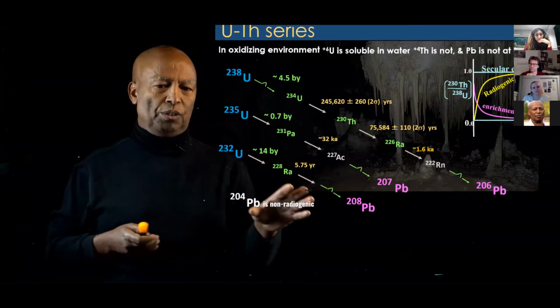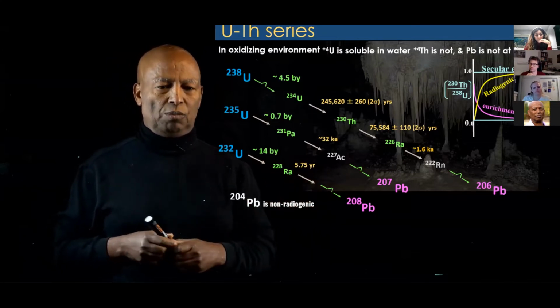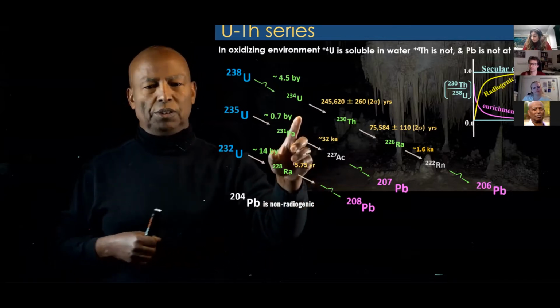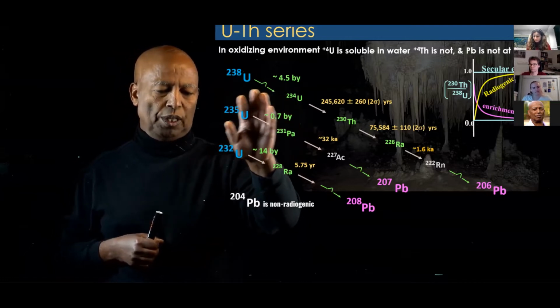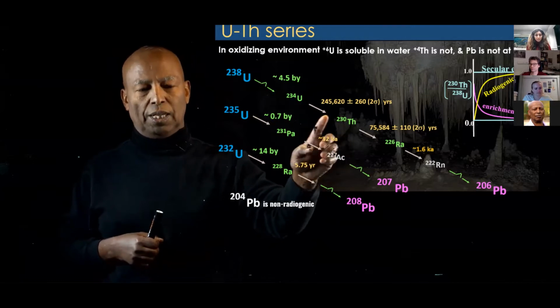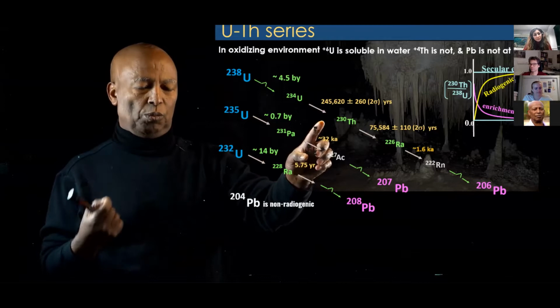I'm sure you have covered uranium series already. I just want to point out a couple of critical points. First is the decay of uranium-238 to 234 through two steps to thorium-230. That has implications for uranium-lead dating, especially when you're dealing with young samples.